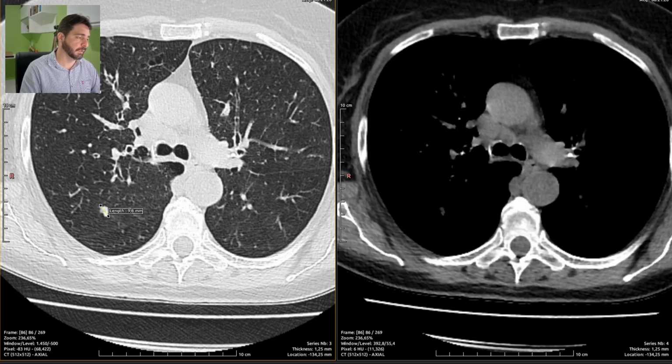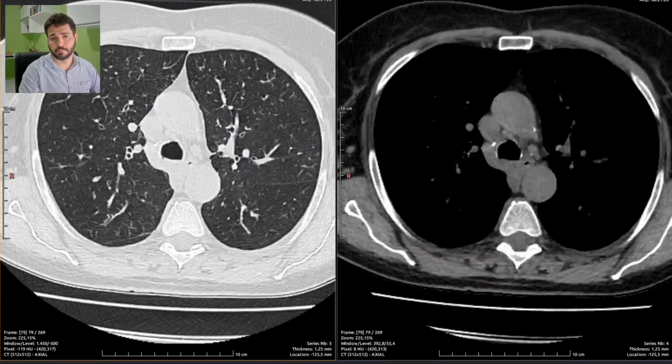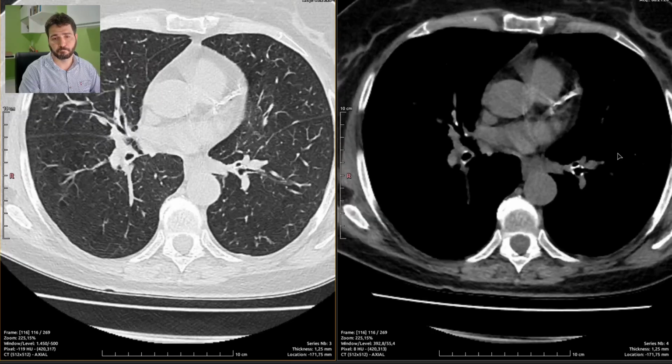Now the anomalous content on bronchi, on airways, especially on the lower lobes. So, yep. What else? Emphysema, micronodules.